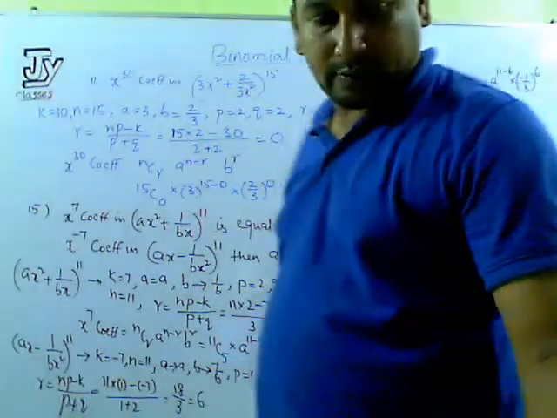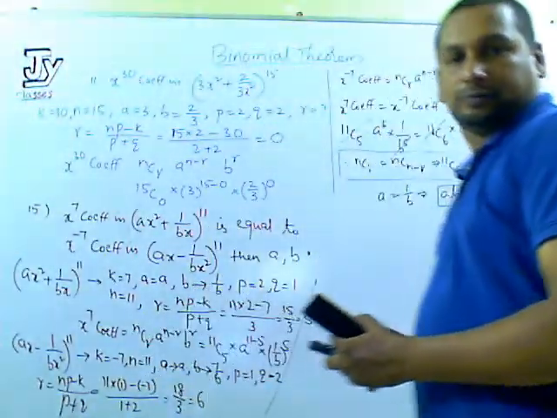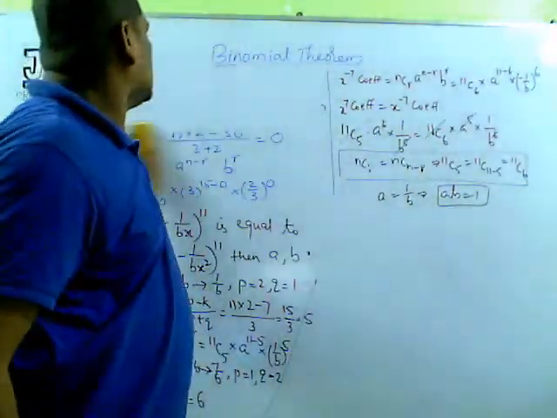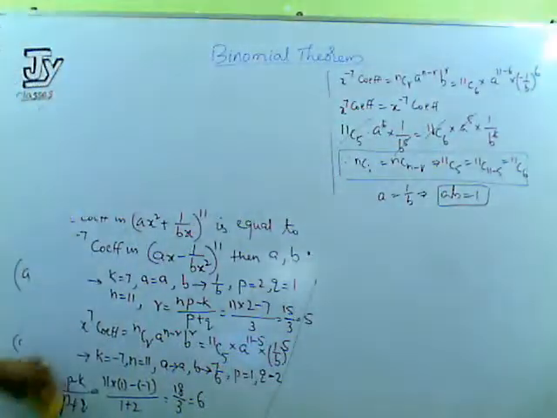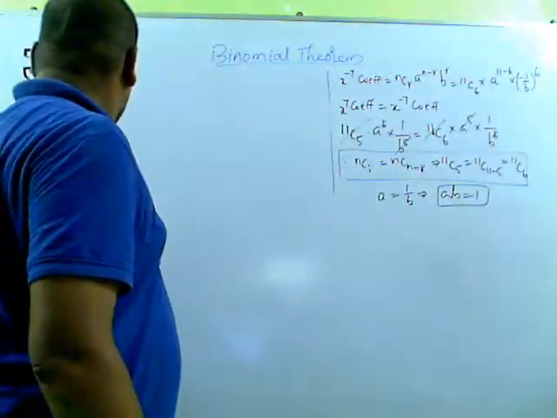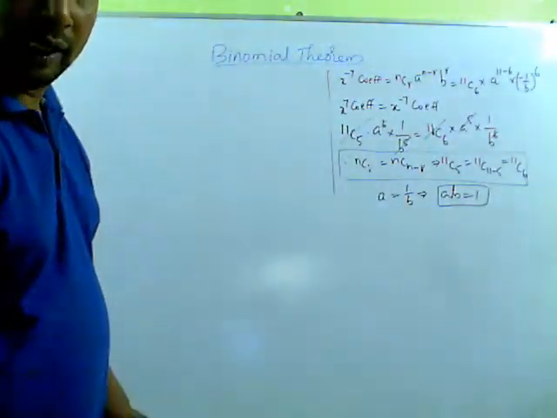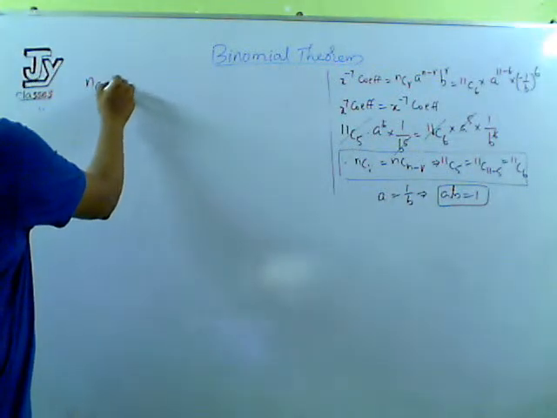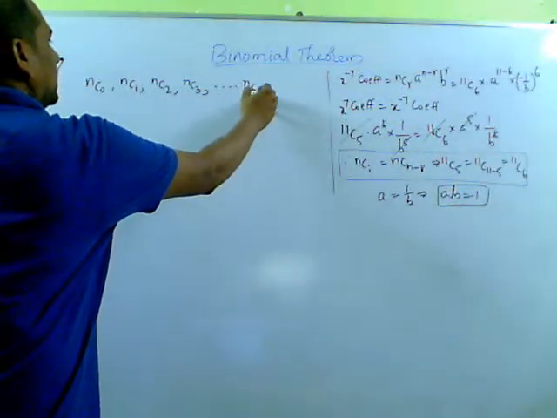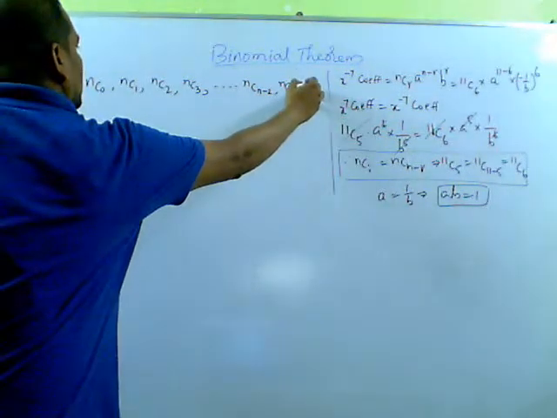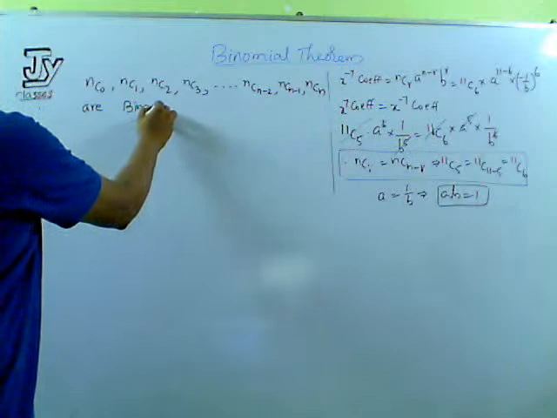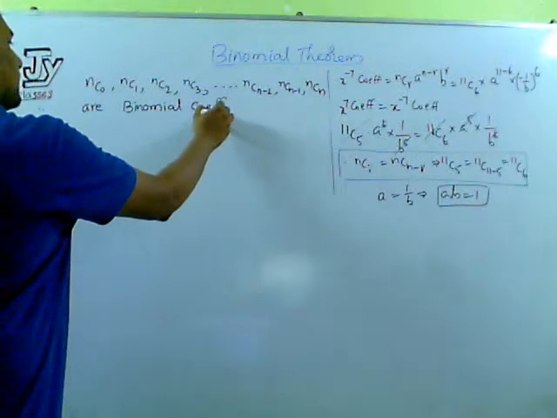Okay, next. So binomial coefficients nC0, nC1, nC2, nC3 and so on, nC(n minus 2), nC(n minus 1), nC n are binomial coefficients.